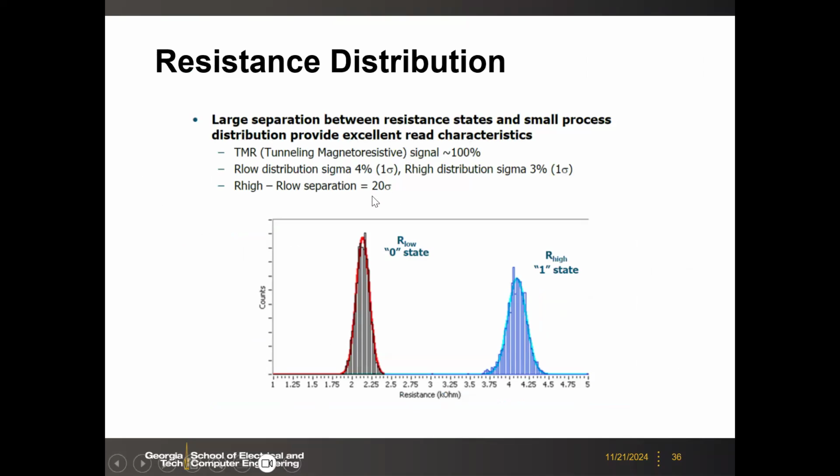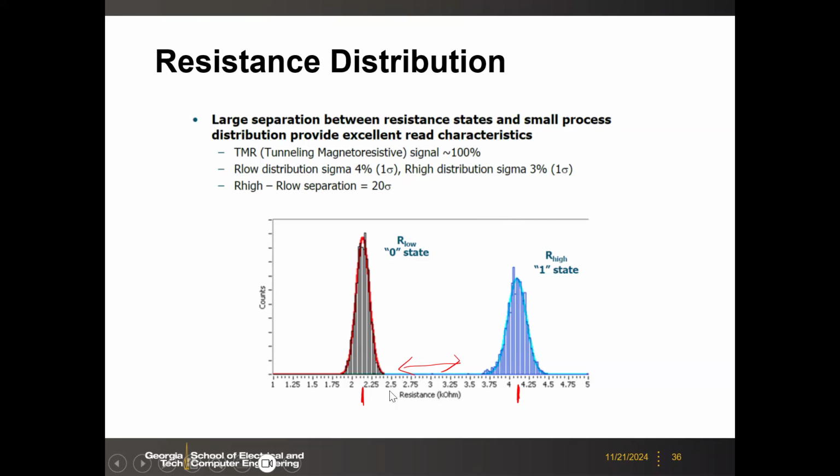With this kind of array, you have to test the resistance distribution, because cell-to-cell variation will give you this resistance distribution. You see that here, the low resistance state is around 2 kilo ohm, and the high resistance state around 4 kilo ohm. Then the TMR is about 100%. And then you have to make sure that there's enough gap in between, right? With the 3 sigma distribution, you have to look at the gap.